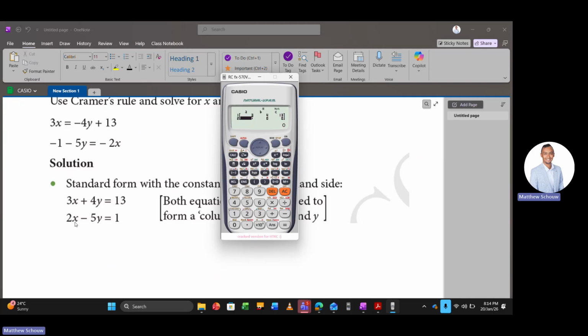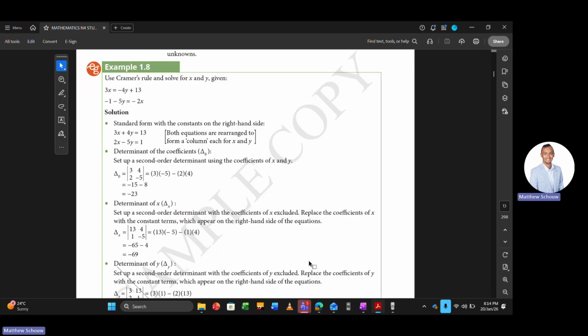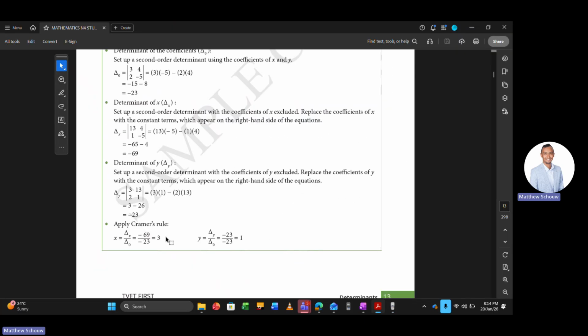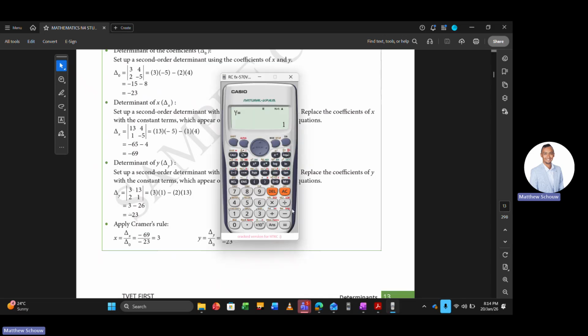You do exactly the same over there. 2, of course, there's a -5 we should be cautious of. Then you click 1. When we click equal, automatically the calculator will solve X, which is 3, and Y, which is 1. So your answers are 3 and 1. That's perfect, so that's a way of verifying a 2x2.